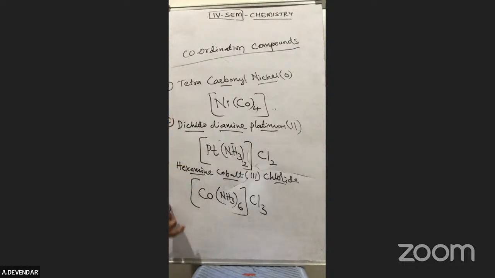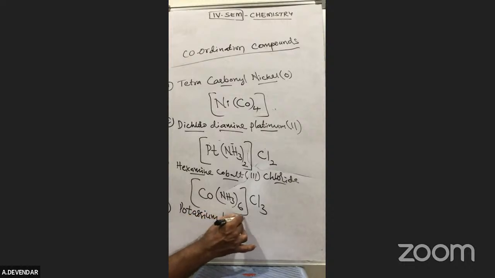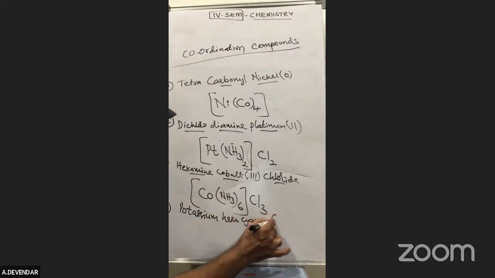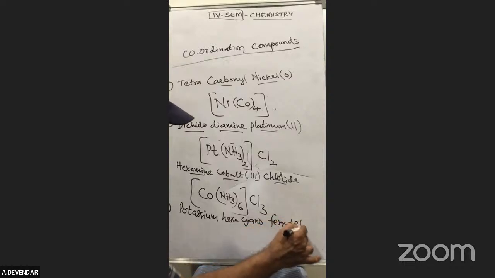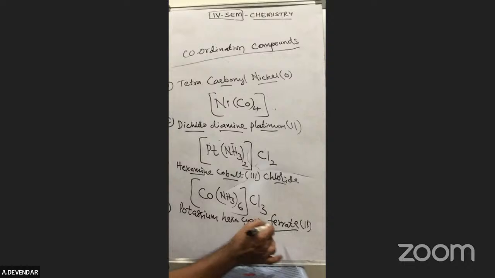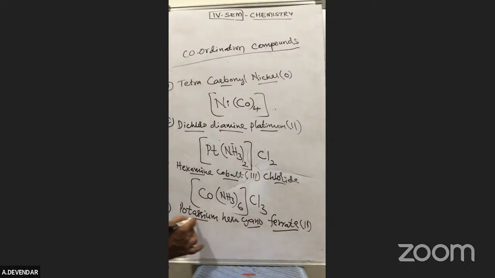The fourth one is given as potassium hexacyanoferrate. Ferrate 2: the oxidation state of the iron is 2. That means ferrate is the central atom. Cyano is the ligand. Potassium is the prefix of that particular complex compound.